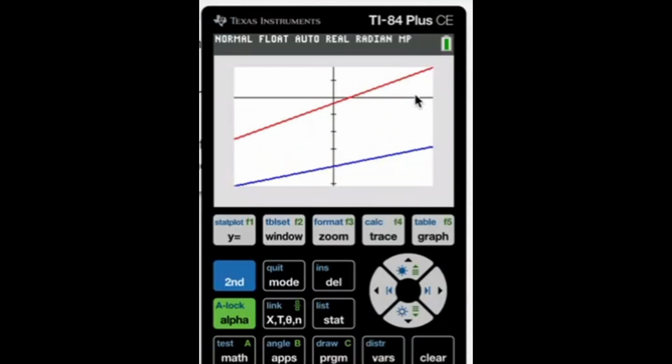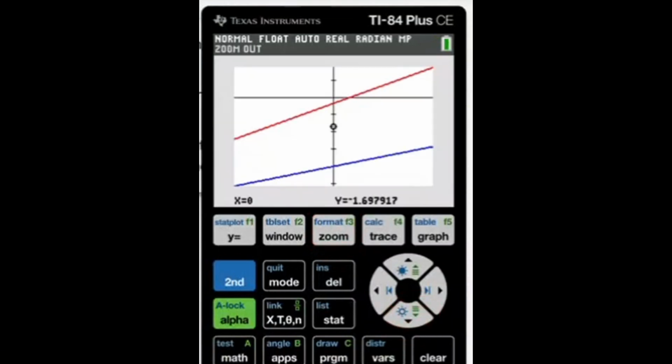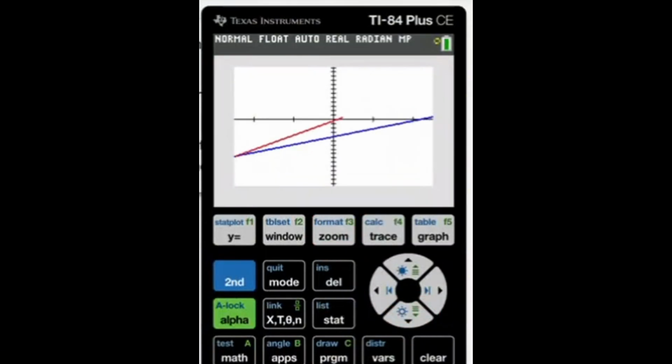All right, so here looking at these lines and how they're getting close together, it looks like my solution is going to be somewhere on the left side. So now I have to zoom out. Let me zoom out. And I do see the intersection point here.